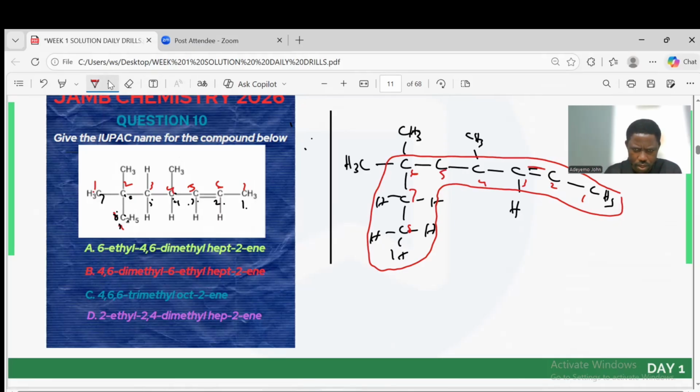If I move from the other end, the double bond will be around 1, 2, 3, 4, 5, 6. So we name from the end closer to the position of the functional group, which is the double bond. So we have the parent chain, which is the longest chain, as 8. That makes it octene. But the double bond is at position 2, so oct-2-ene.